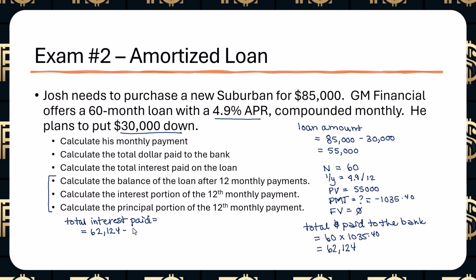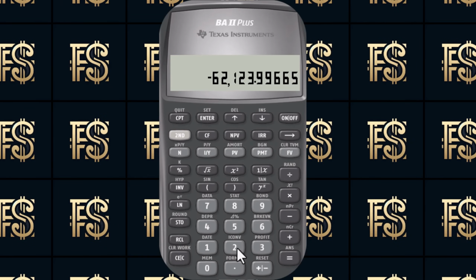We subtract off the amount that he borrowed, the $55,000, and what's left over represents the total interest paid on this loan. And we see that the total interest paid on this loan was $7,124.